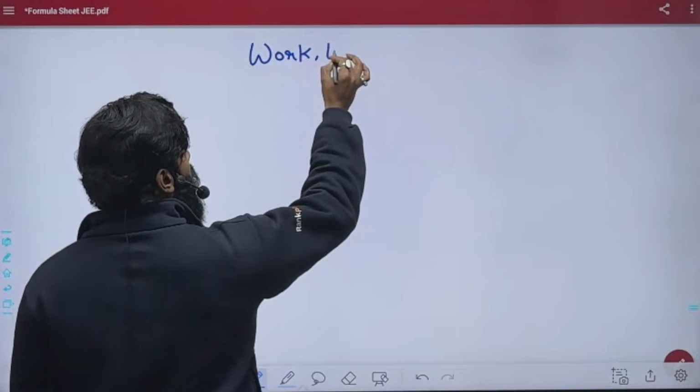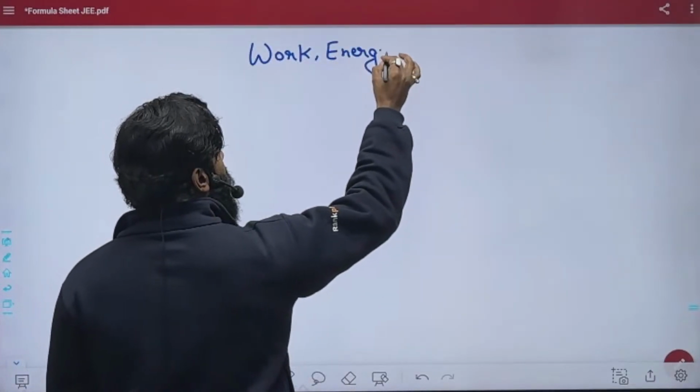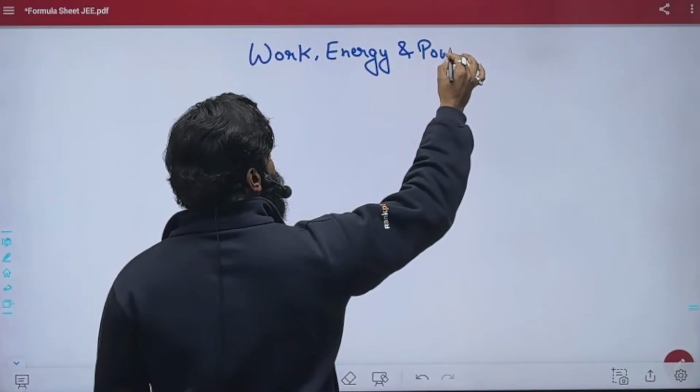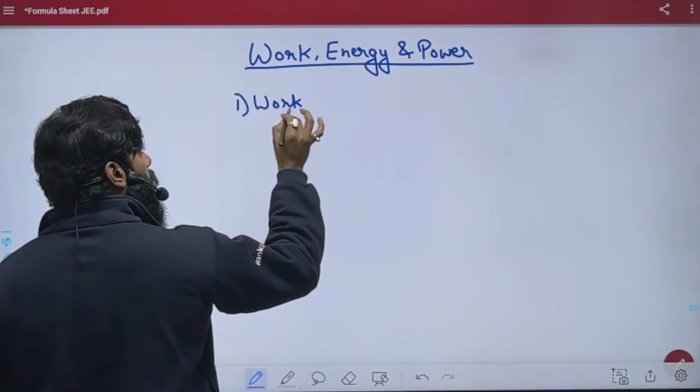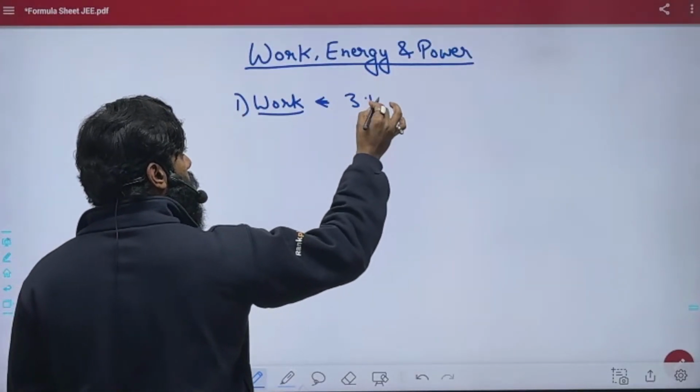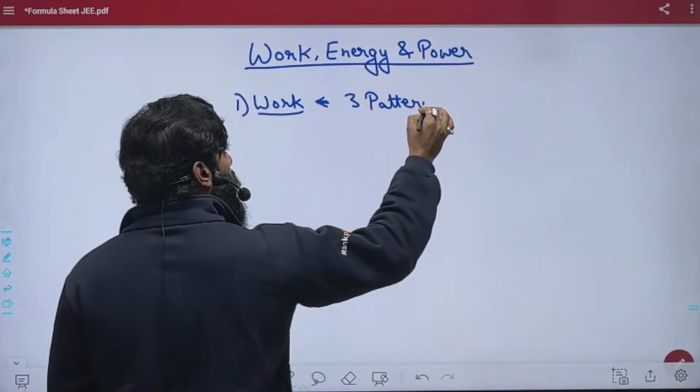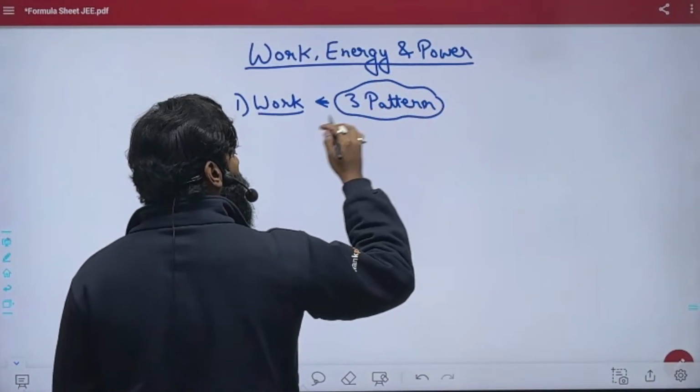So for work, energy, and power, to get the work, there are three patterns. For the calculation of work, there are three patterns.